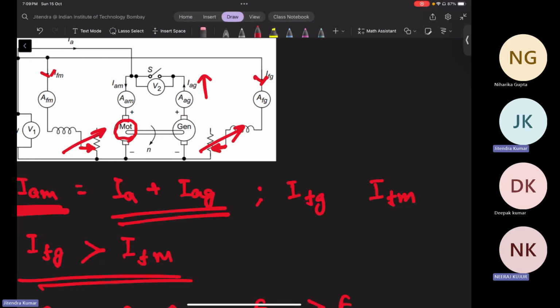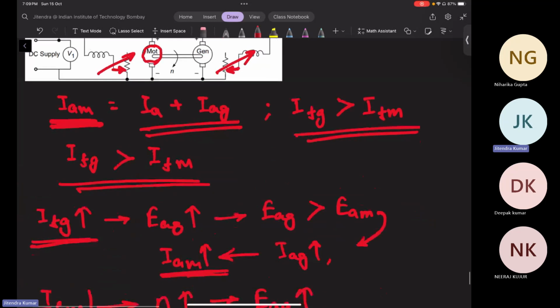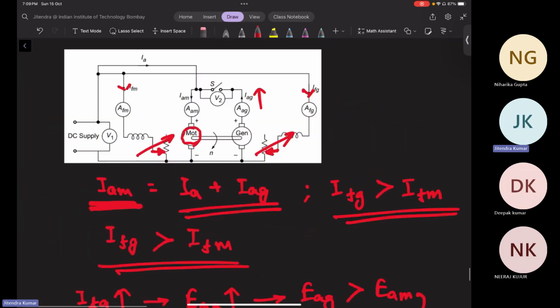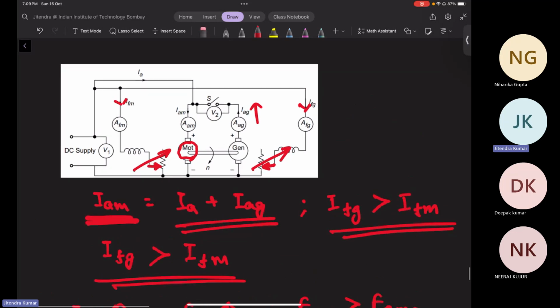Generator field current will be higher, sir. Yeah, generator field current will be higher, and you know why? Actually, IAM is constituted by IA and IAG, right? And from this node, you can see IAM can be increased by increasing IAG, isn't it?